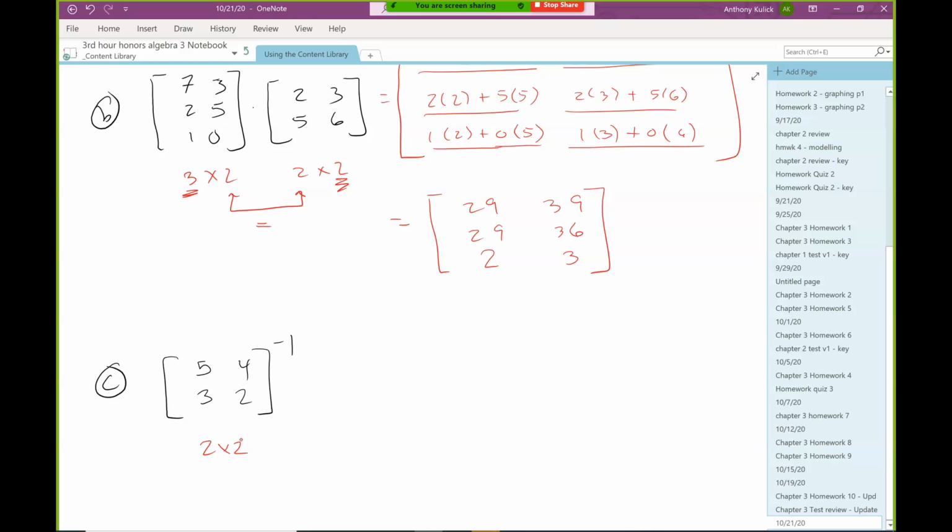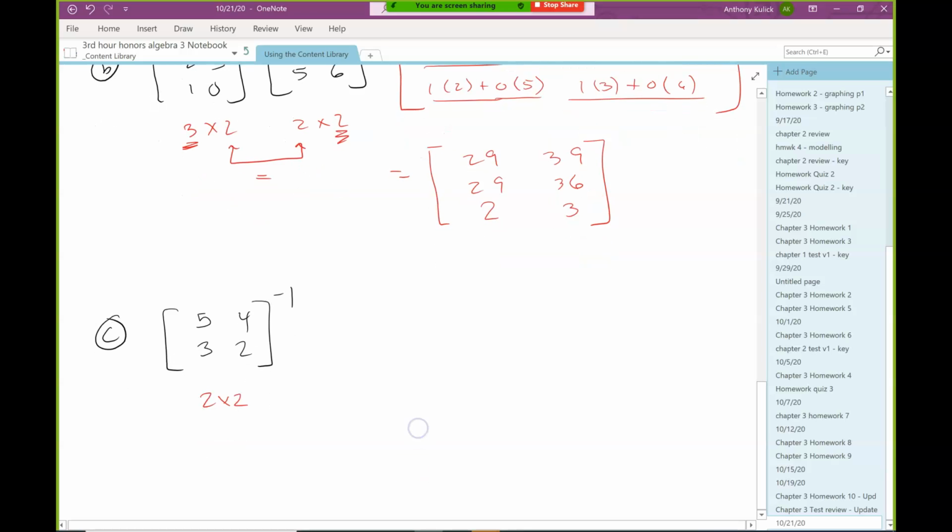Everybody okay there? The second part is we have to check the determinant to make sure that's non-zero. And we're good there.